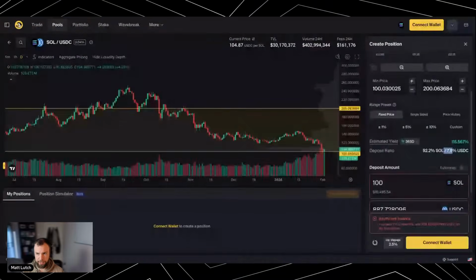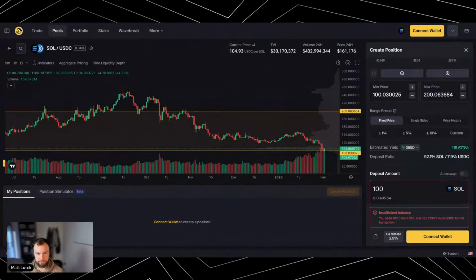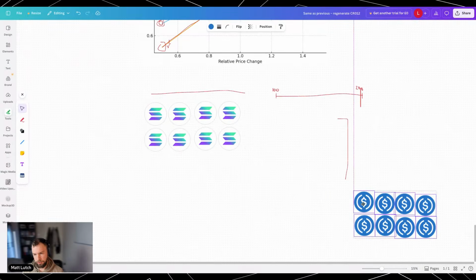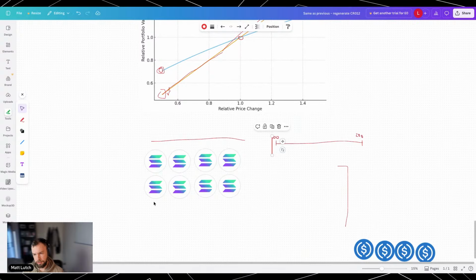Now, the ramifications either way is, you go out of range now. Let's just say it goes under 100 on this particular example, and you're left with this Solana. So you're back to where you started, really, but you'll probably have more value because you've been DCAing back into it rather than just holding it. You're buying it at a cheaper price.